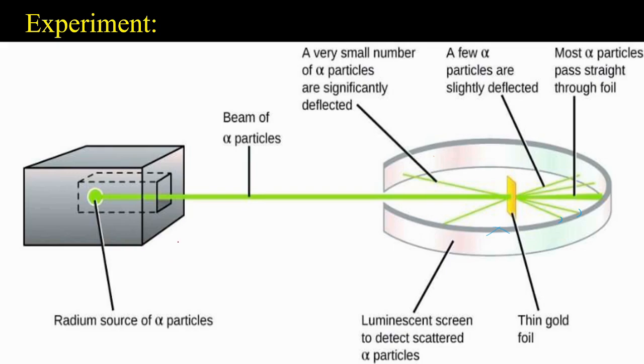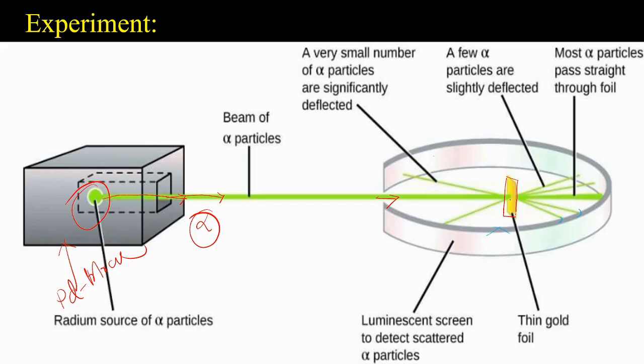This is the experimental setup. You can see this is the lead block. This is radium inside this lead block, and this green light is showing the path of the alpha particle. That means the alpha particle is coming from this radioactive source and falling on this thin gold foil through this straight path.